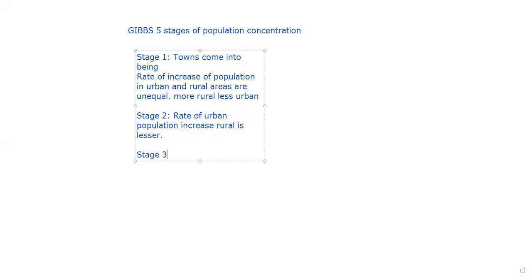In stage two, migration takes place, of course, from rural area to urban area, and that's why urban area has a greater population increase rate compared to the rural one.